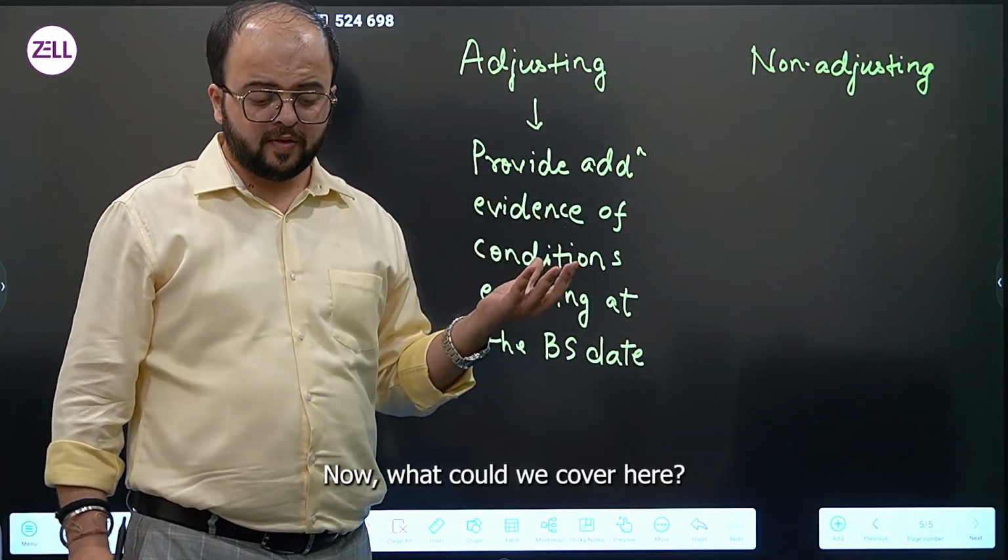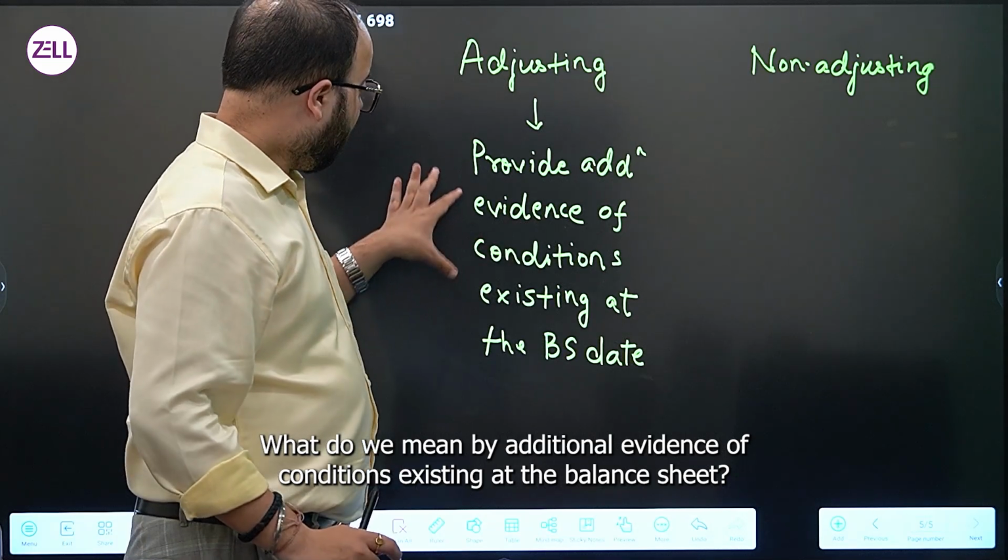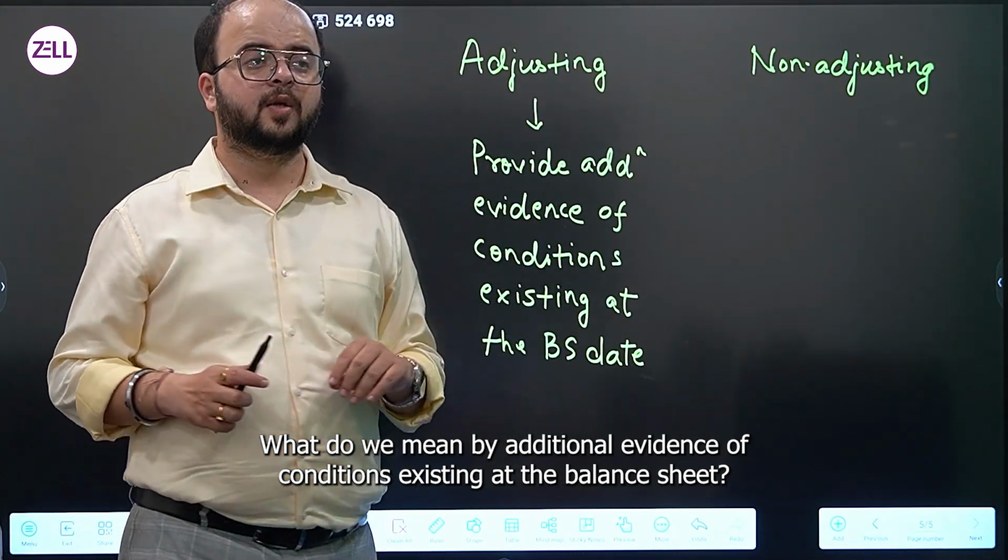Now, what could be covered here? What do we mean by additional evidence of conditions existing at the balance sheet date?